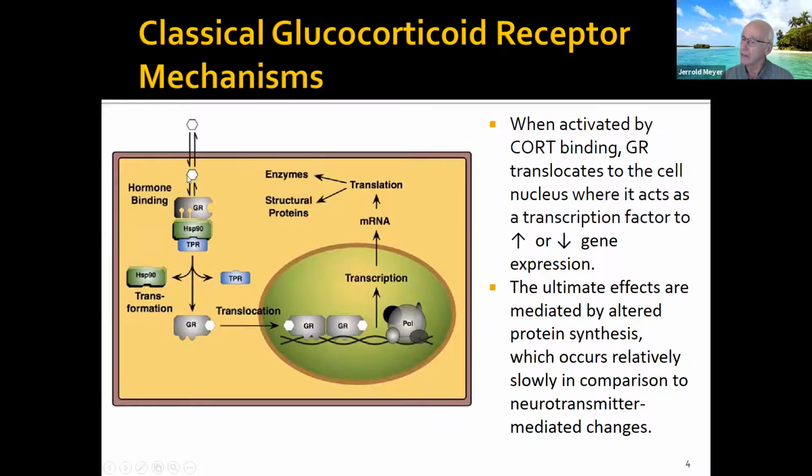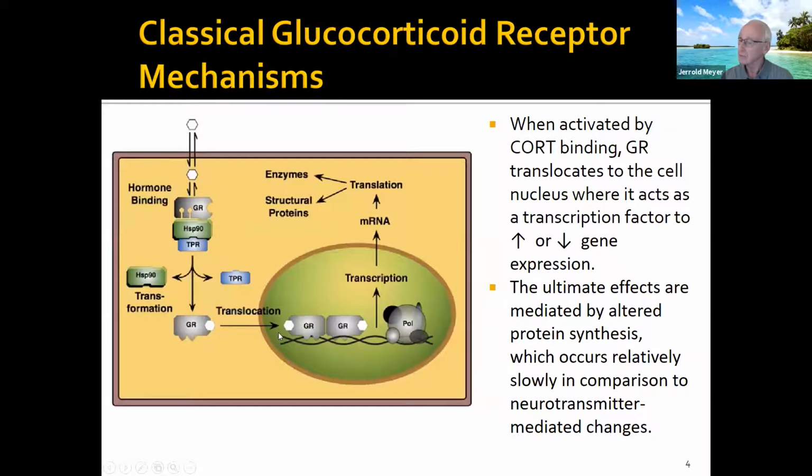This is meant to show the cortisol molecule or some other glucocorticoid, which readily diffuses across the cell membrane and binds to a specific site on the receptor. These other proteins, heat shock protein and TPR, dissociate. They come off of the receptor.